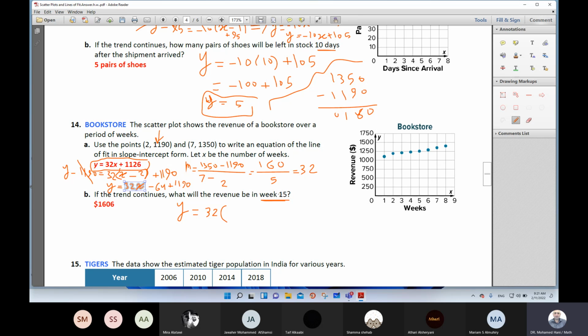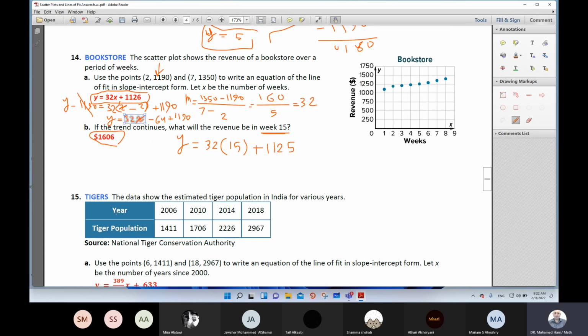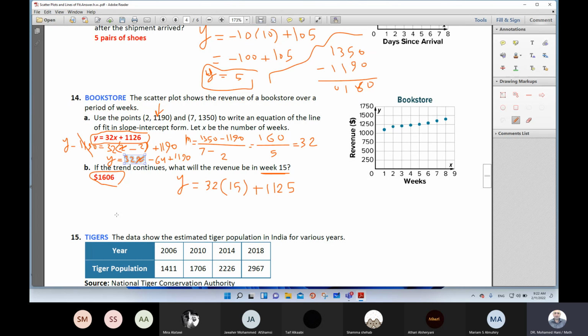The value of x will be 15 plus 1126. You will get the answer 1606. And here, if I have the points, and here we have the graph.